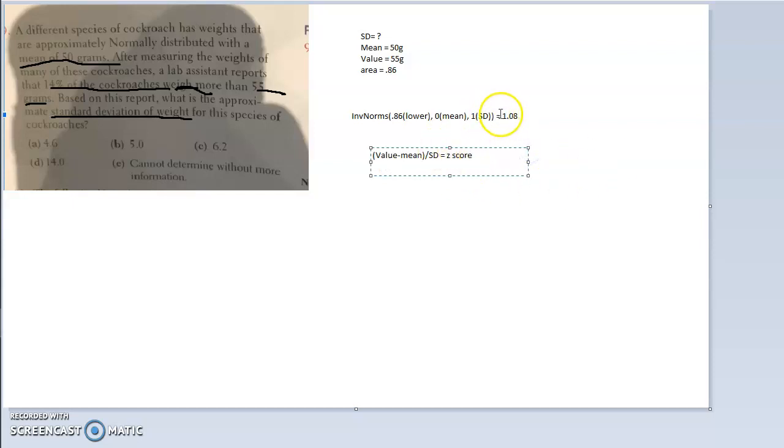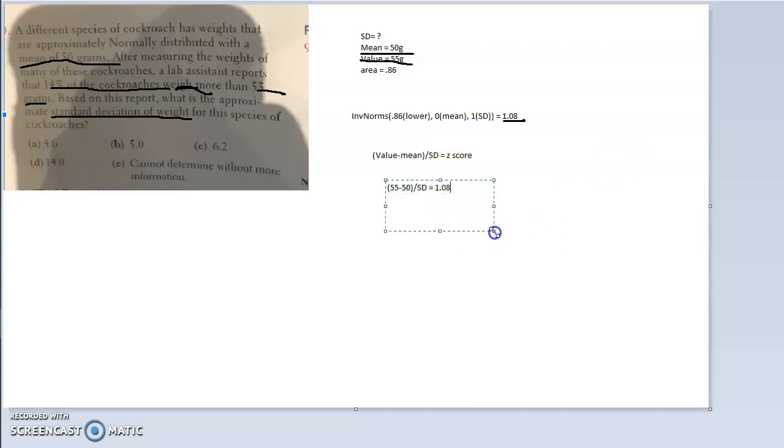Since you now have your z-score, your mean, and your value, you can plug in to get 55 minus 50 over SD, which is equal to 1.08.